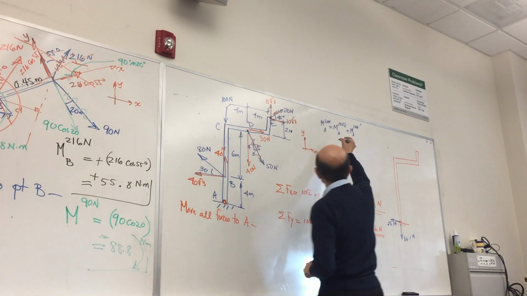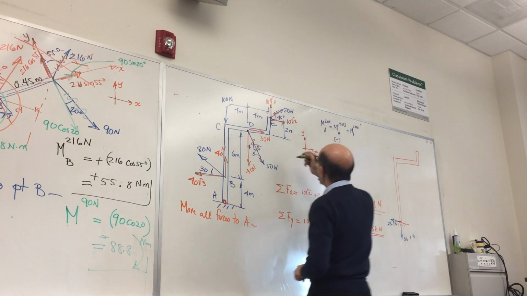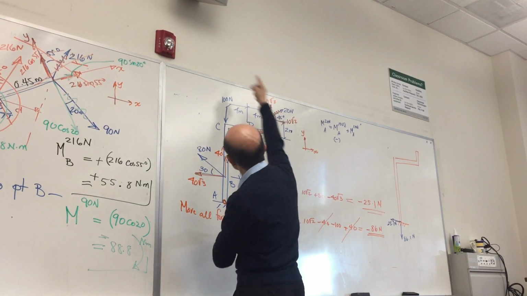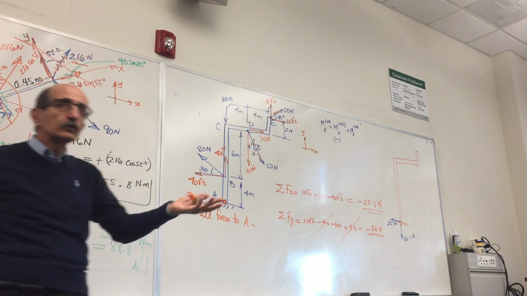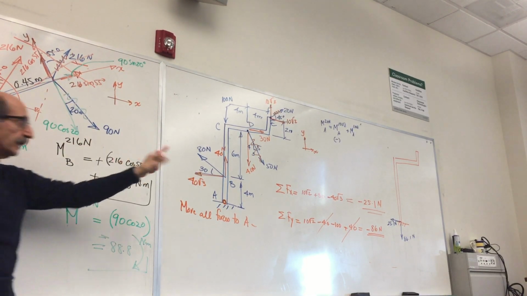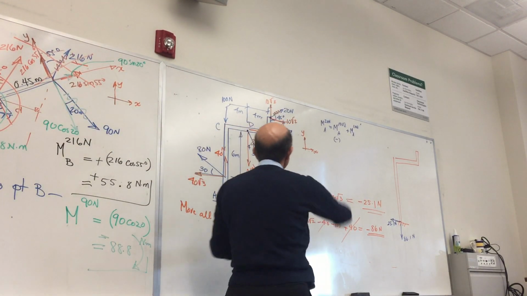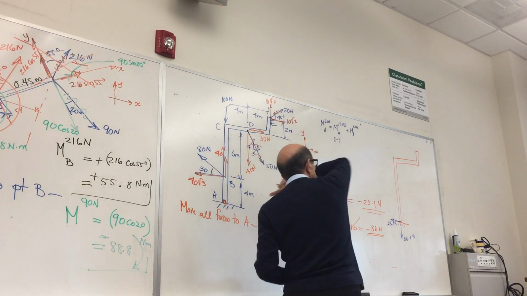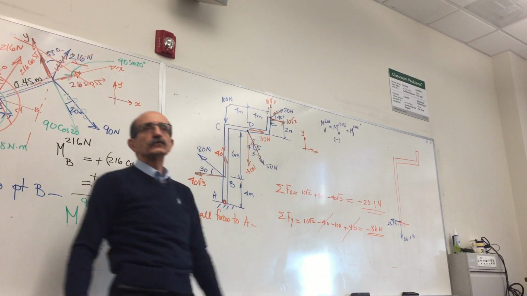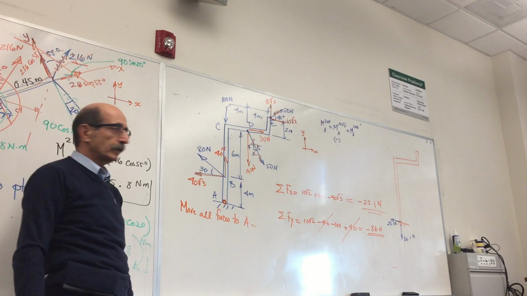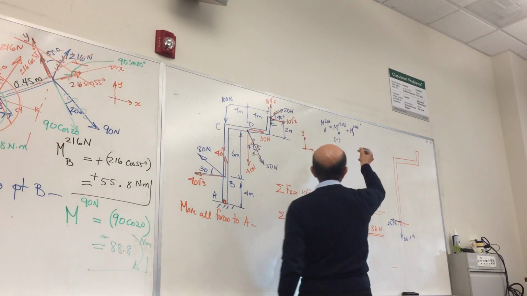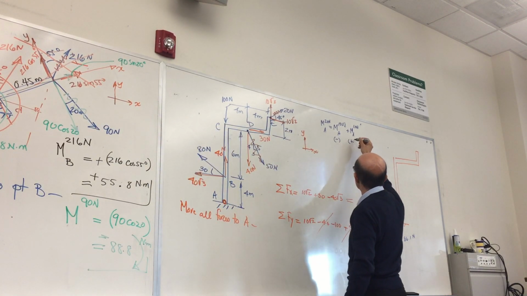Clockwise, so this is negative. How about this one? Counterclockwise. You know how to figure that out. Connect that point to this force and imagine what direction that linkage is going to rotate. So that would be positive.